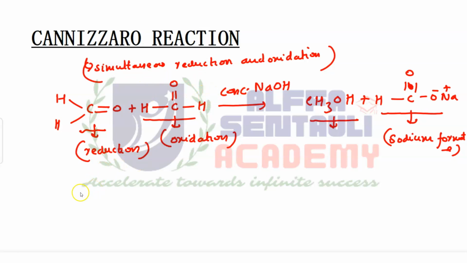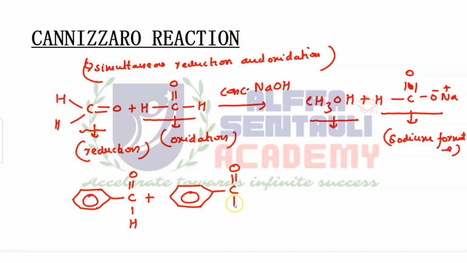Now you can take any aromatic compound also in this way. This is benzaldehyde. You can take another benzaldehyde. You can take any orientation, because I'm not bothered whether this hydrogen atom is going to combine with this or not.